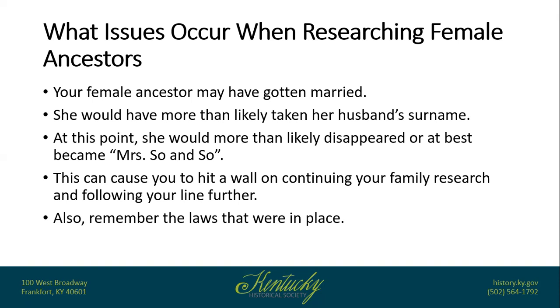So you do fall into that kind of problem. This can cause you to hit a wall on continuing your family research and following your line further, because you may be doing your overall family, and then you get to this particular ancestor and issues like this can cause you to have a hard time.